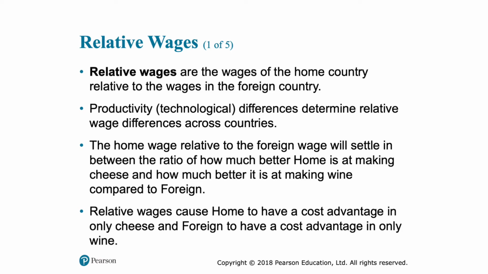So let's check our slide. The relative wage rate is calculated, right? A productivity difference determines relative wage differences across countries. The home's wage relative to the foreign wage will settle in between the ratio of the productivities. Relative wages cause home to have a cost advantage only in cheese and foreign to have a cost advantage only in wine.